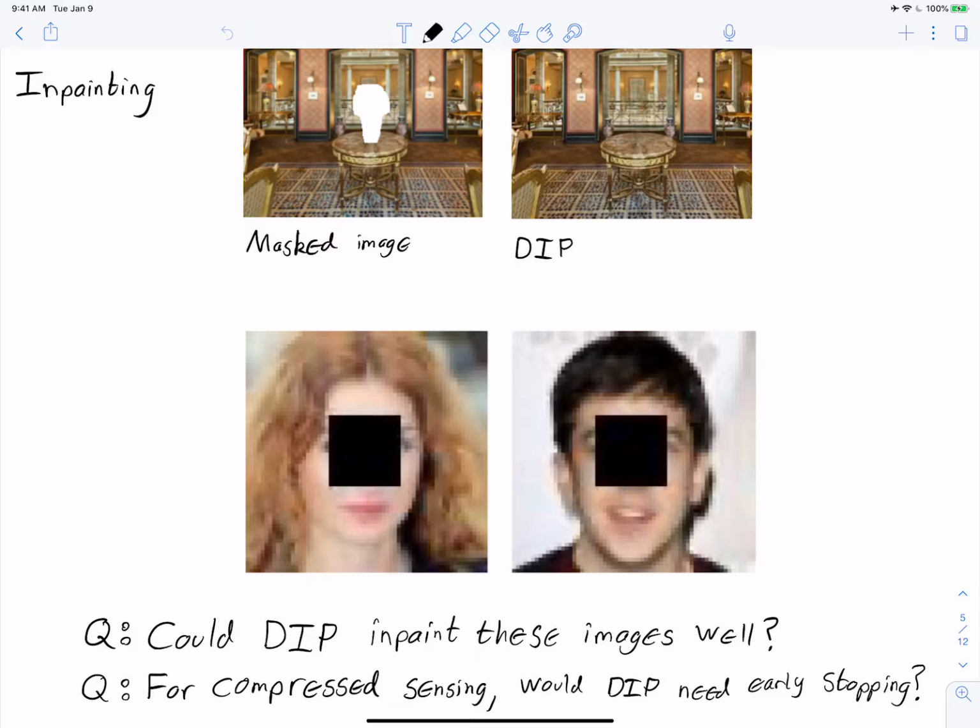Now, another question you could ponder is, if you're doing compressed sensing, would the deep image prior need early stopping? I'll leave these questions for the viewer, you, to think about. And if you're so inclined, please write in the comments below what your thoughts are.